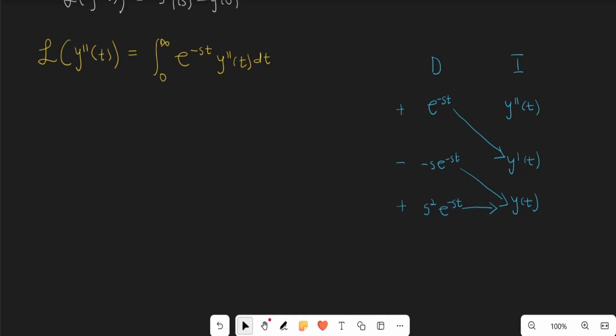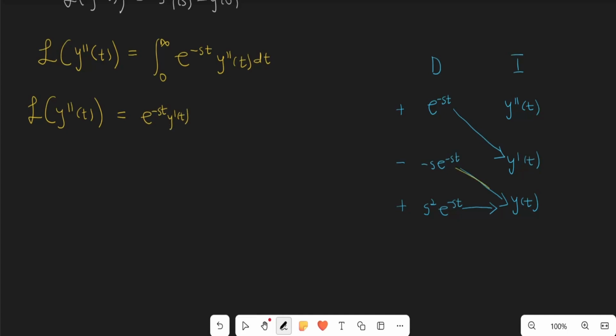Let me switch again. Now the Laplace transform of y prime prime of t is equal to what exactly? Let's multiply diagonal terms. The first one is going to be e to the negative st multiplied by y prime of t.